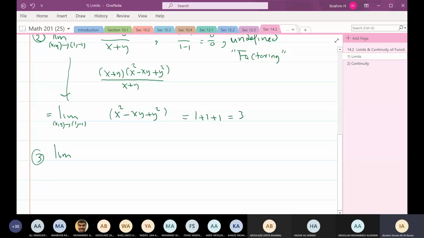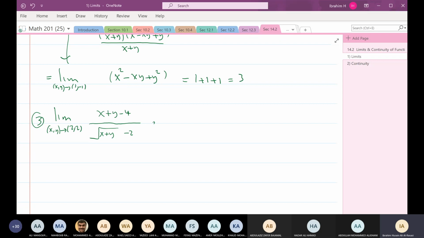What is the limit as (x, y) approaches (2, 2) of root x plus y minus 2, over... of x plus y minus 4 over root x plus y minus 2? Again, you just simplify, substitute x equals 2 and y equals 2.